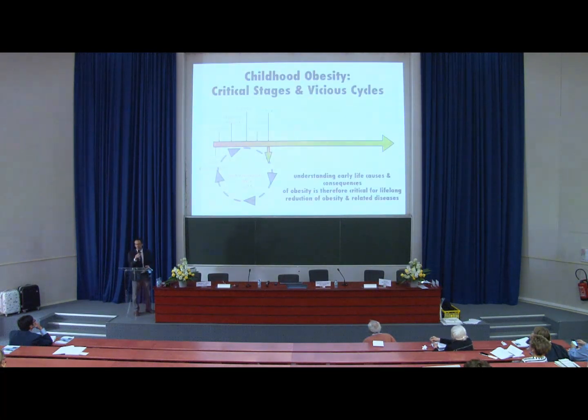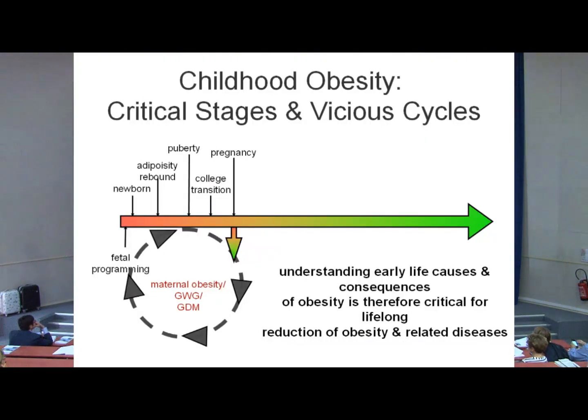Now, of course, the main topic I want to talk to you about today is how this process begins very early in life. Obesity develops across the life spectrum. There are various critical periods for the development of obesity, most of which occur early in life: pregnancy itself, the newborn period, adiposity rebound, puberty, and so on.